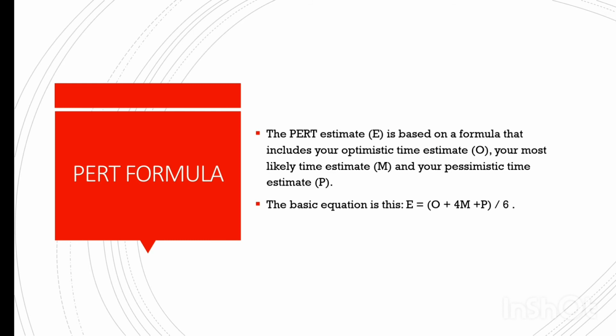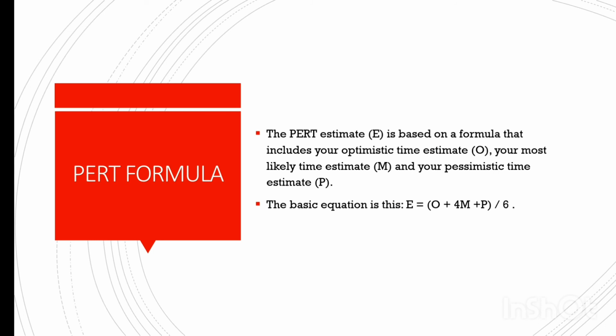That means E means PERT estimate and O means optimistic time estimate, and then 4 into M means most likely time estimate, then plus P means pessimistic time estimate, and M means most likely time between the optimistic time and pessimistic time.